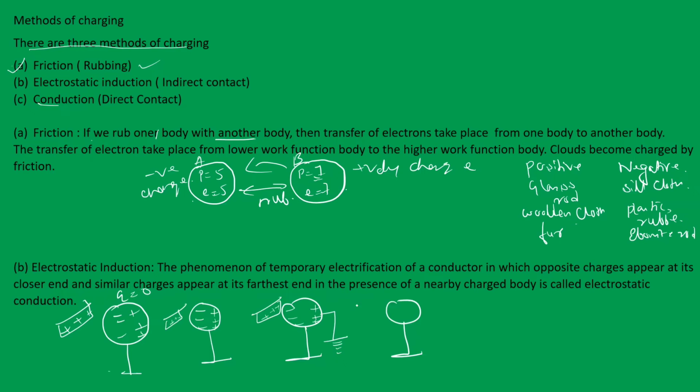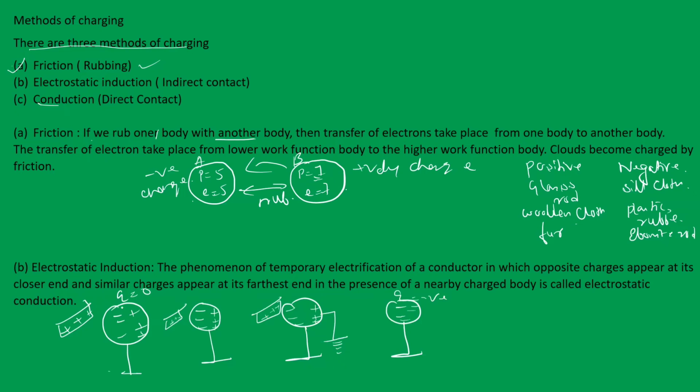All this positive charge will go inside due to earthing and get removed, and there will be only negative charge. Now, when you remove the positively charged body, this body will have only negative charge, because all the positive charge has gone due to earthing.